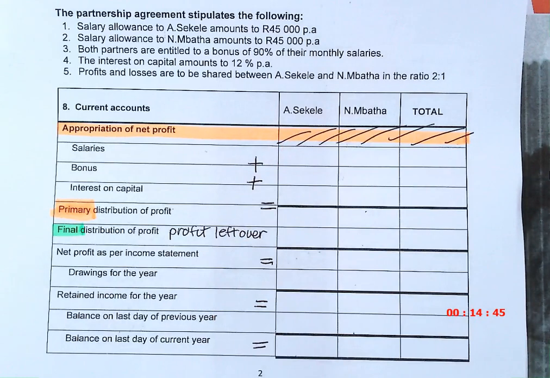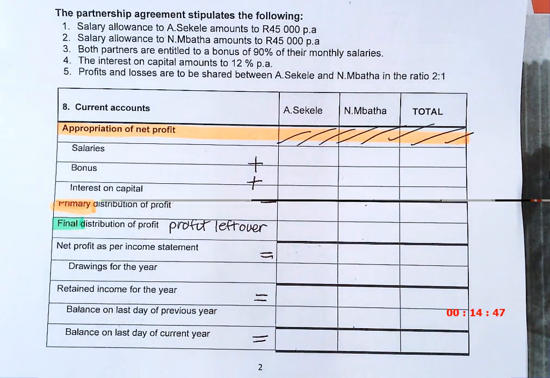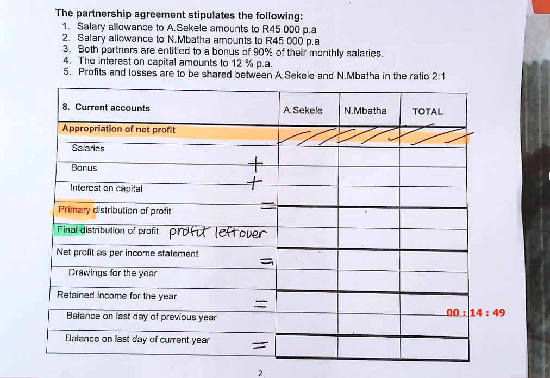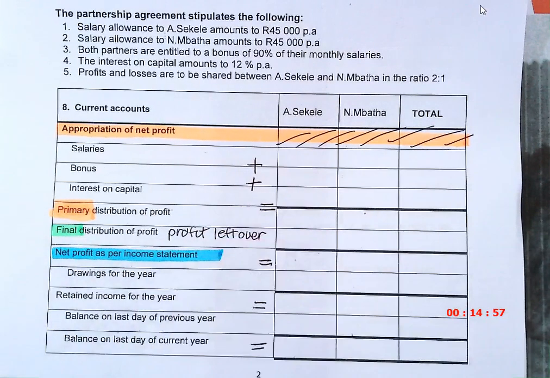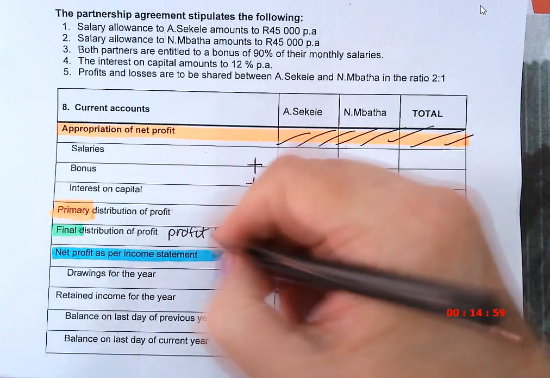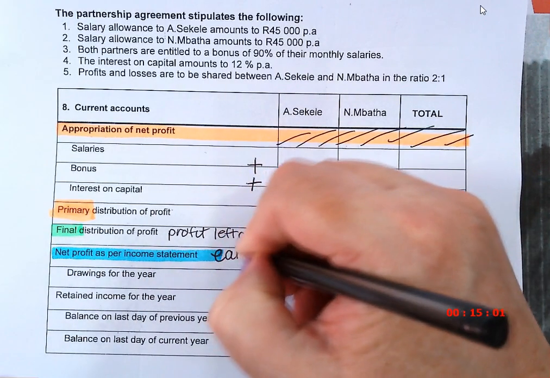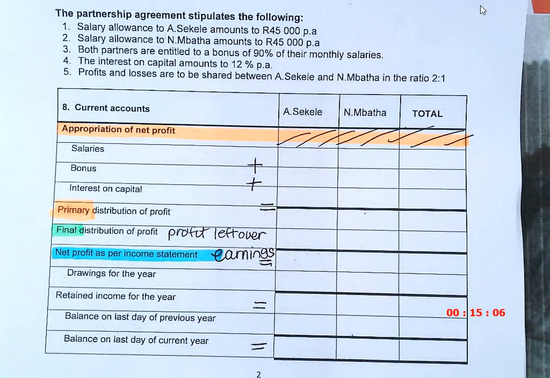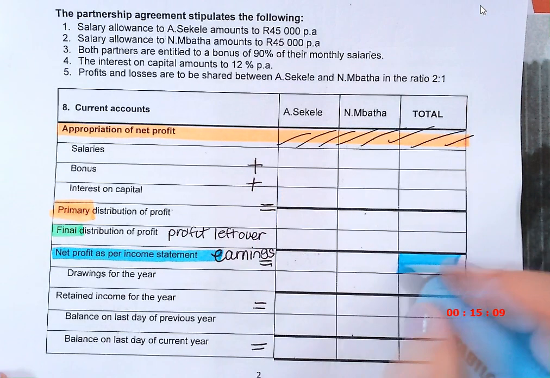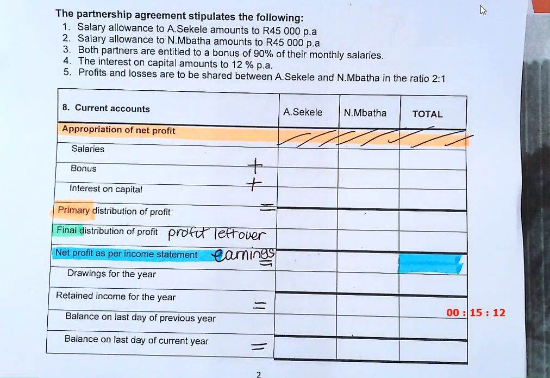You guys still with me? Now, the next one says net profit as per income statement. And that is what I call my partners' earnings. That's his earnings. Okay? And the total net profit is the one that they give me here.